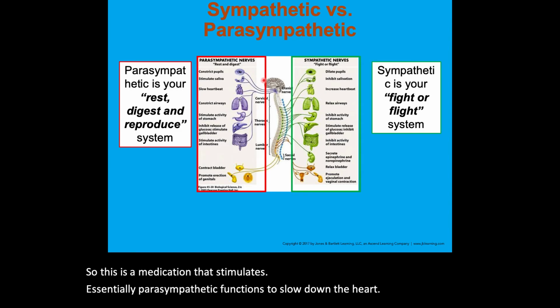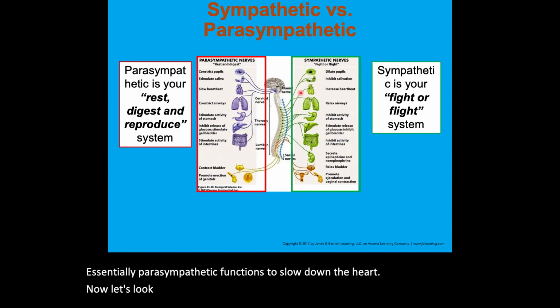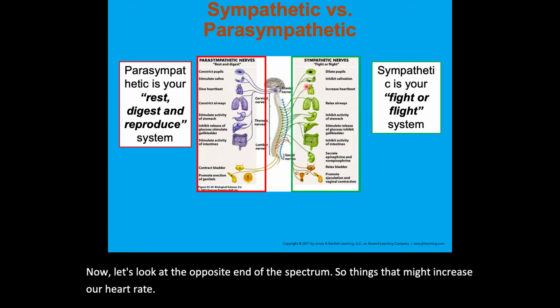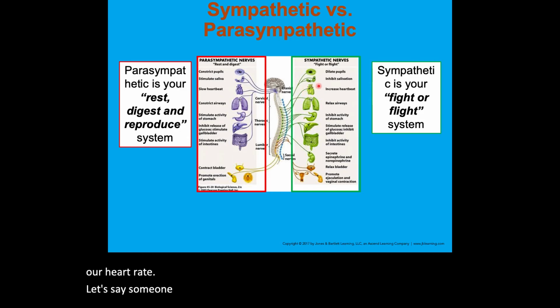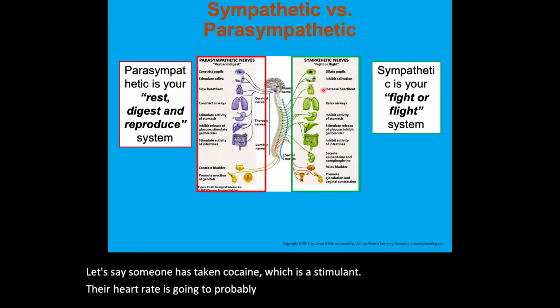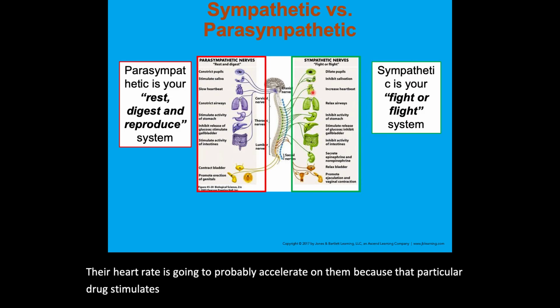Now, let's look at the opposite end of the spectrum. So things that might increase our heart rate. Let's say someone has taken cocaine, which is a stimulant. Their heart rate is going to probably accelerate on them because that particular drug stimulates the sympathetic nervous system to induce the fight or flight response in individuals.